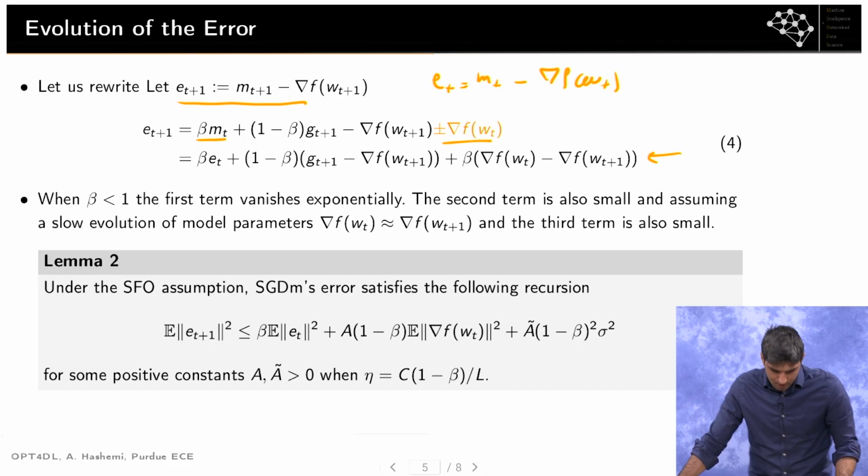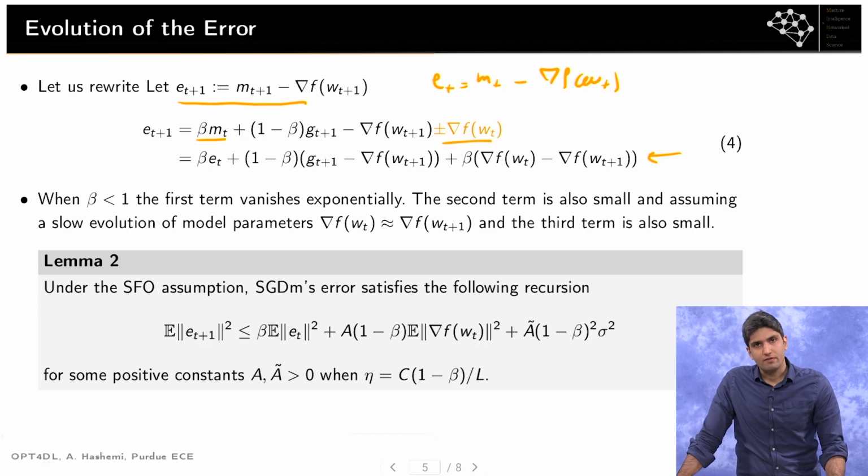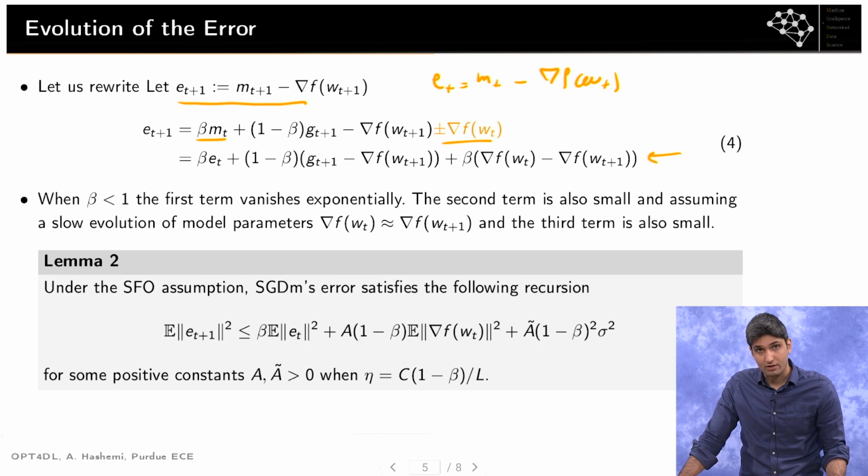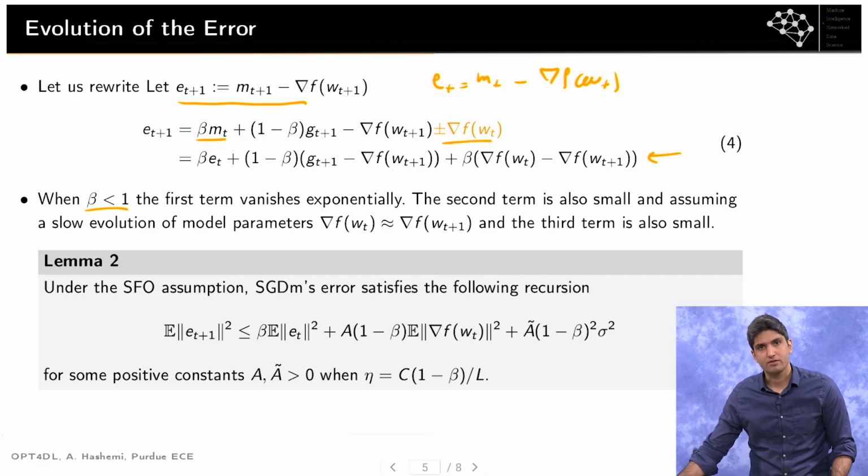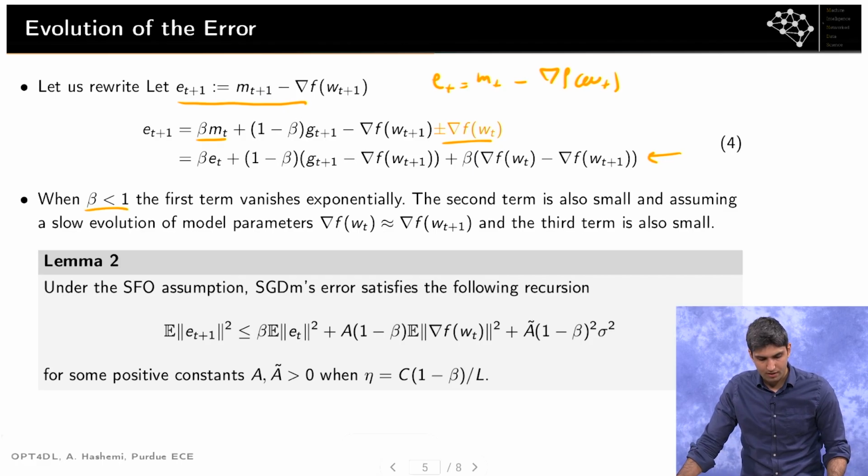Remember what we want: we want the error to be small. So these three terms should be as follows. The first term is actually quite easy and quite nice. If for the time being we assume that the second and third terms weren't there, the implication of the first term and the fact that the momentum parameter is strictly less than 1 is that the error reduces geometrically, exponentially, over time.